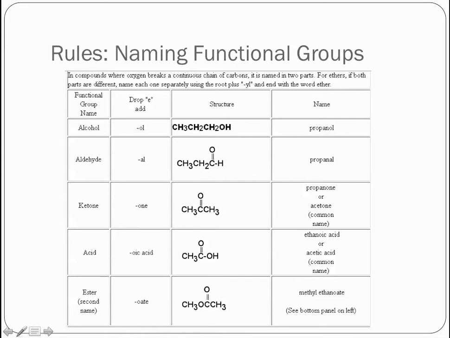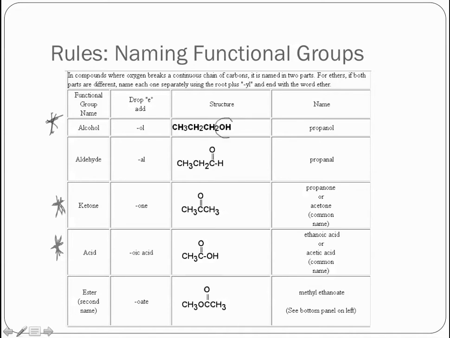There are 3 that we really need to know for Chem 1, and those are alcohols, ketones, which you have a problem on for your E-Day assignment, and then we need to know our acid groups. One of the key things to look for is these functional groups.